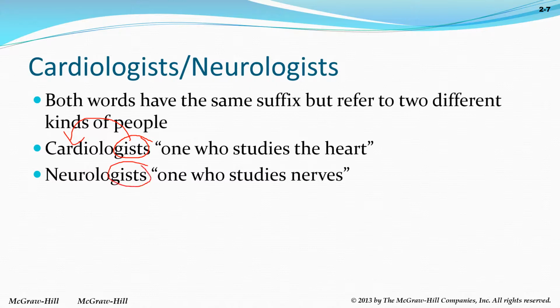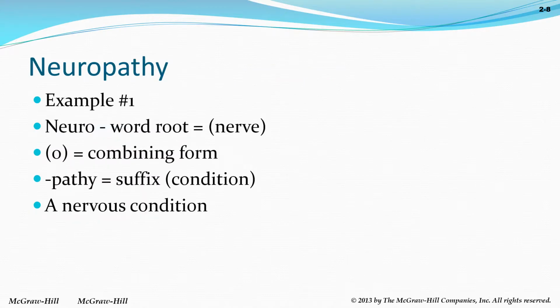And this one would be a specialist in the study of the nerves. Neuropathy: neuro is the word root, pathy is the suffix. So we have a condition of the nerve.